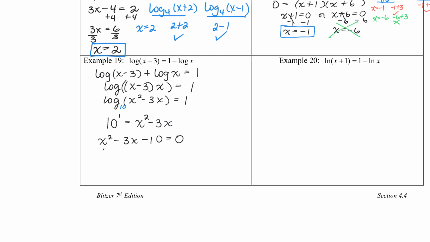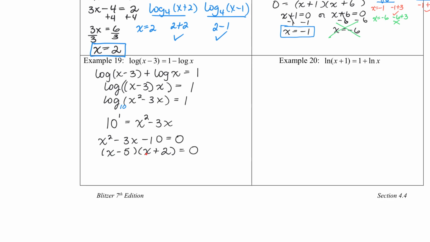Now, I need to go ahead and factor this one because it's a quadratic, and I assured you that any quadratic that's a result of solving these logarithmic equations will factor. So I'm going to have x, and I'm looking for two numbers that multiply to give me negative 10 and add to give me negative 3, and those two numbers are going to be negative 5 and positive 2.